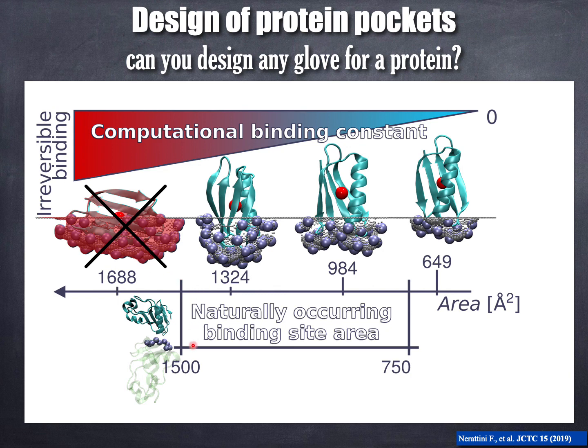And it's interesting that exactly this range is what we found fits perfectly with the naturally occurring binding sites. In particular, the small ones really match very nicely with the lower bounds that we found in our simulation.